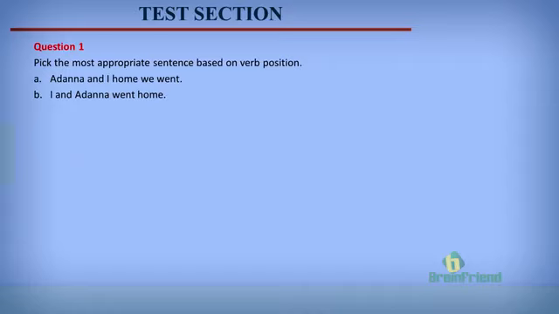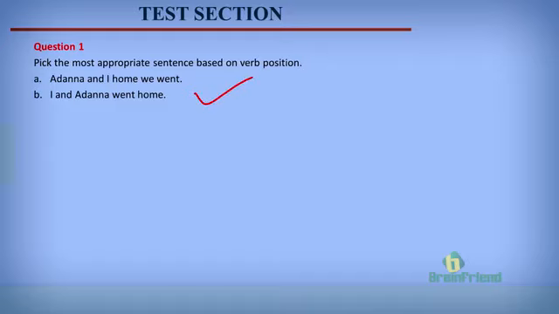Question 1 says, pick the most appropriate sentence based on the verb position. A, Adana and I, home we went. B, I and Adana went home. The correct answer is B, I and Adana went home.